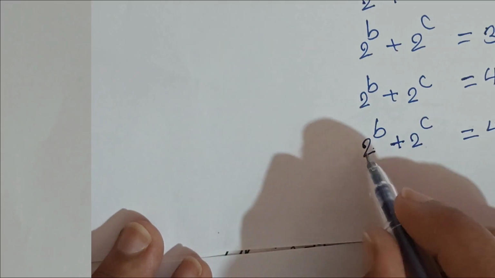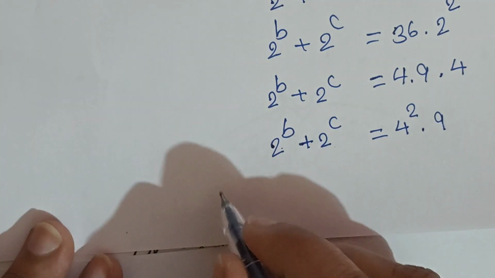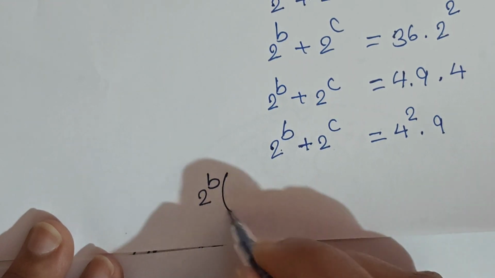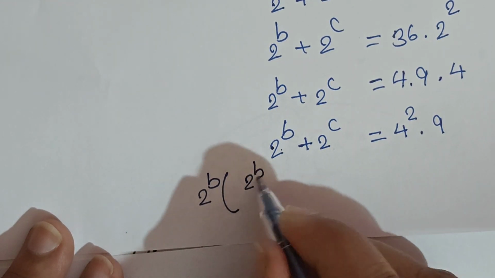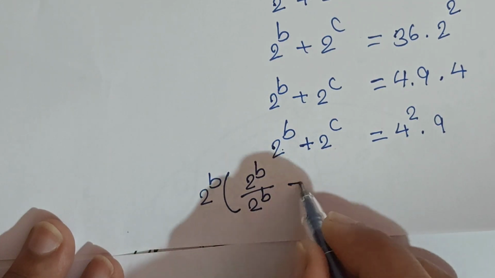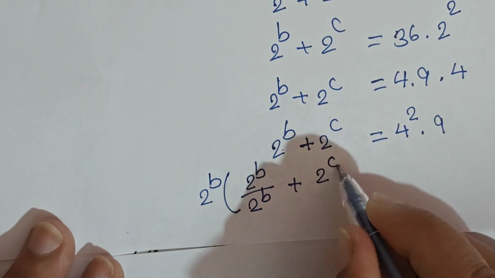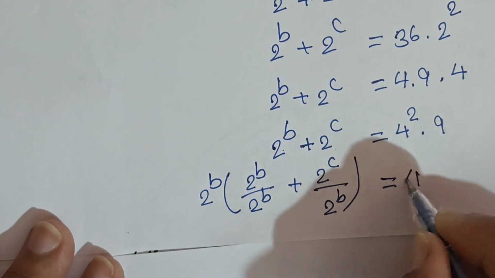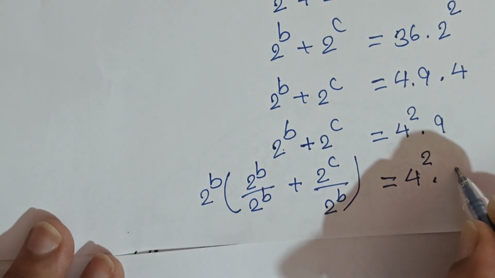We take here 2 to the power b as common, so 2 to the power b bracket 2 to the power b over 2 to the power b plus 2 to the power c over 2 to the power b bracket is equal to 4 to the power 2 into 9.